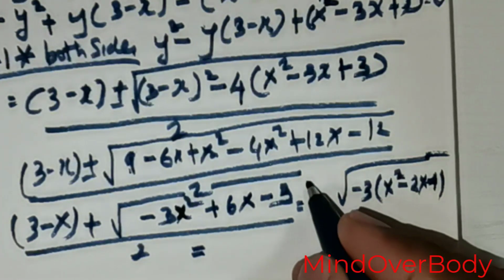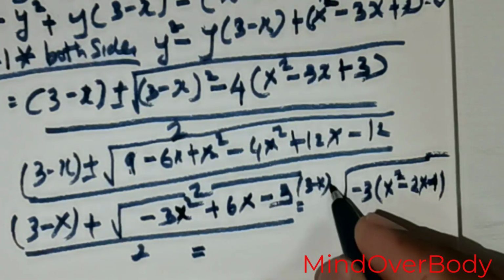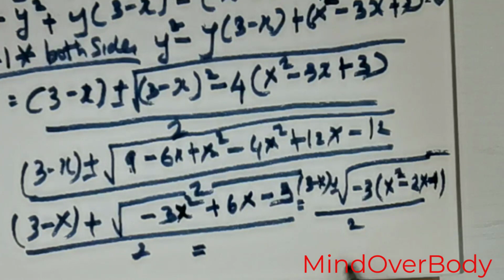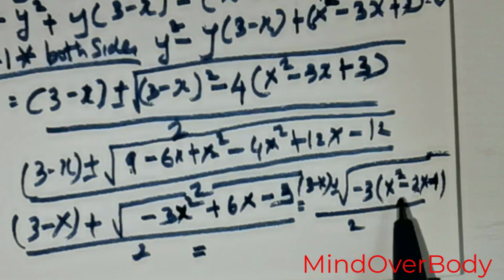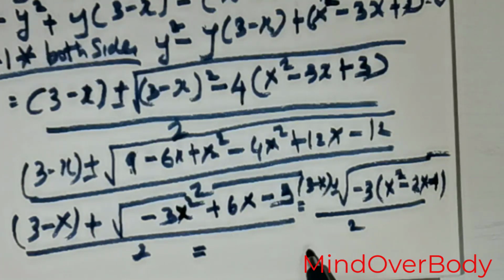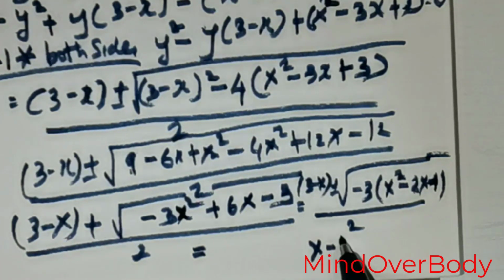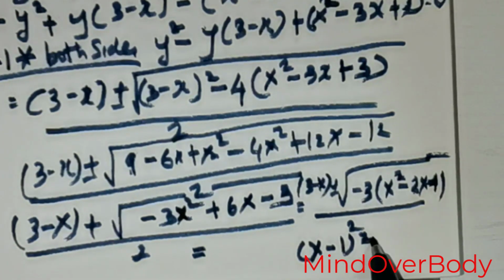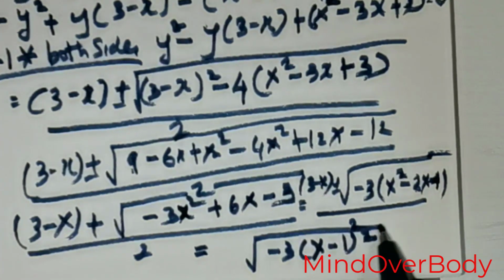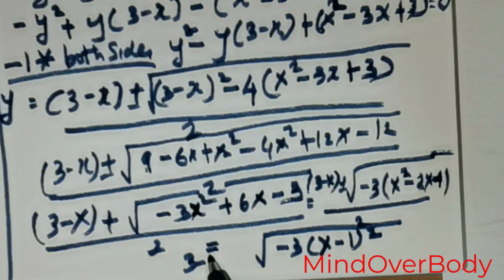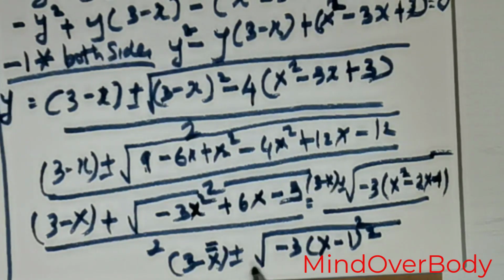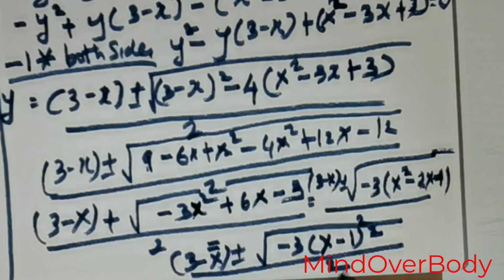Now of course you got 3 minus x here, plus or minus, divided by 2. Now x squared minus 2x plus 1, what is this exactly? This is nothing but (x minus 1) raised to the power of 2. This is whole squared, and then you got a negative 3, and then you have a square root, and then you get 3 minus x plus or minus, divided by 2. Okay, so this is equal to y.